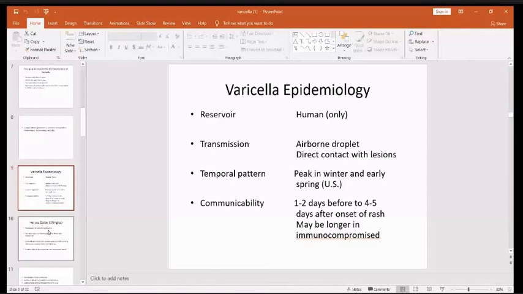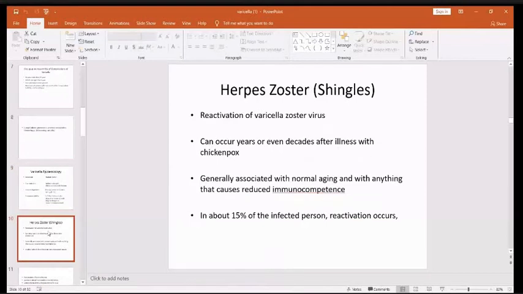So the chickenpox virus, that's the varicella virus, is a herpes virus. One of its features is latency, that is, it remains latent or dormant in some of the nerve root ganglions, like the dorsal root, commonly thoracic roots, or it can even involve the face nerve roots, that is the trigeminal ganglia.